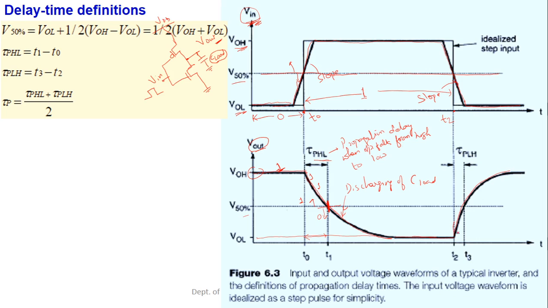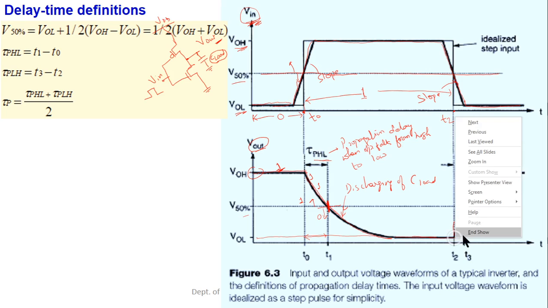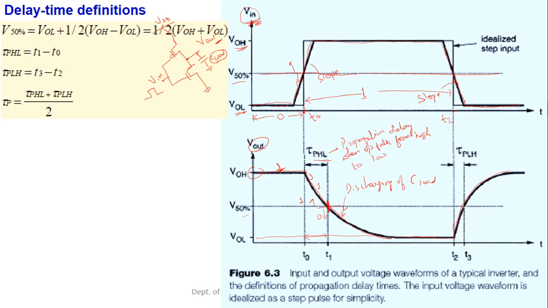The instant at which it starts is T2, and the time at which it crosses the 50% mark is T3. This time duration is known as tau PLH, that is, the propagation delay for the output to rise from low to high, L for low and H for high.